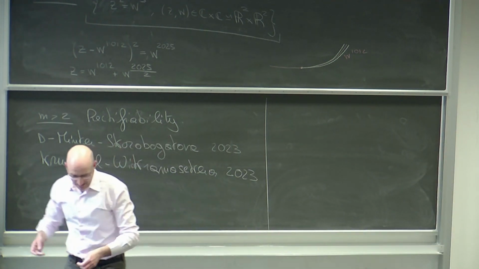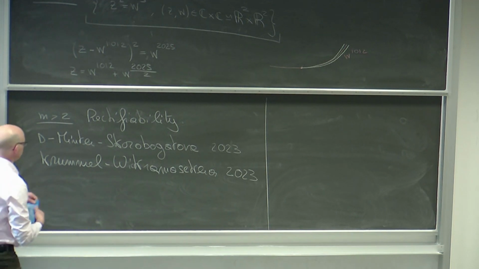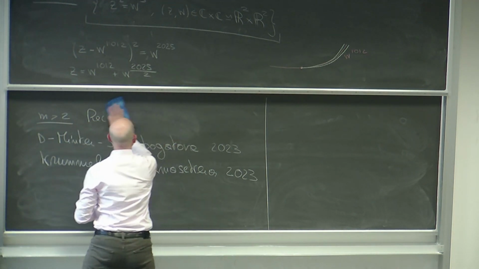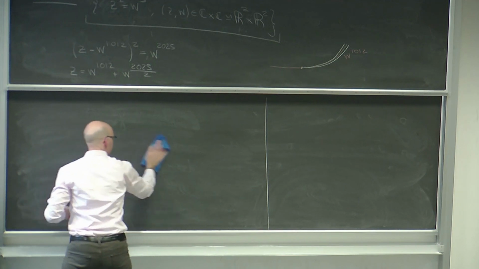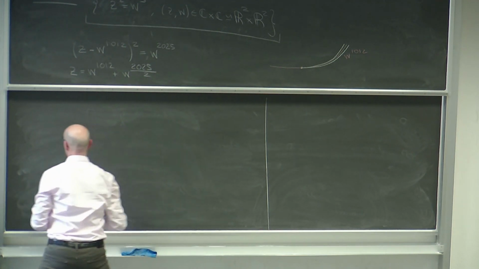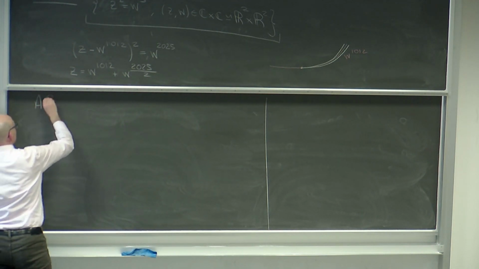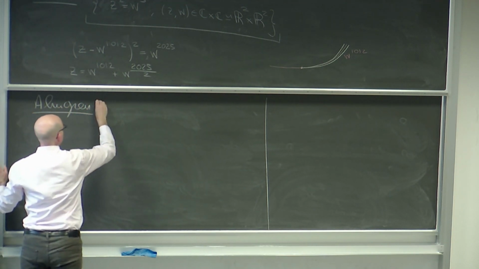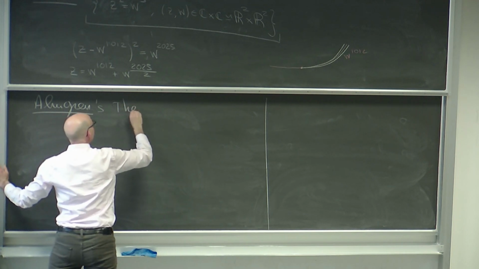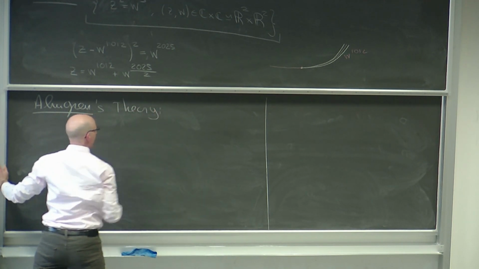Okay, so what is actually Almgren's theory, and why is it so difficult to implement? First of all, step one in Almgren's theory, which is what really works in the papers with Emanuele, so this is really a roadmap that we take as well.